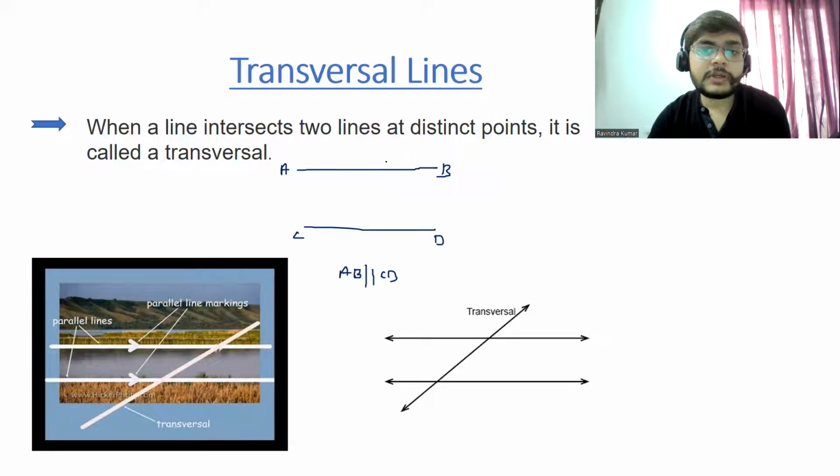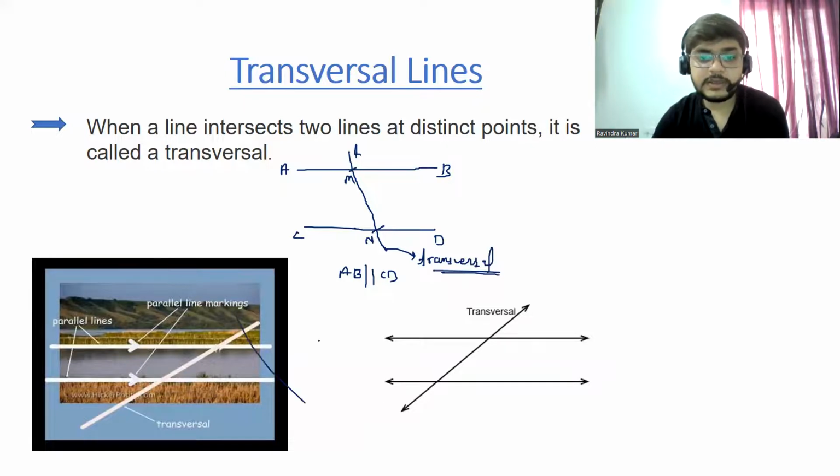Now another line, let's say it is L, intersecting AB at point M and intersecting CD at point N. So the line which intersects the parallel lines is called a transversal. So this is a transversal, right? You can also see from here the below picture.